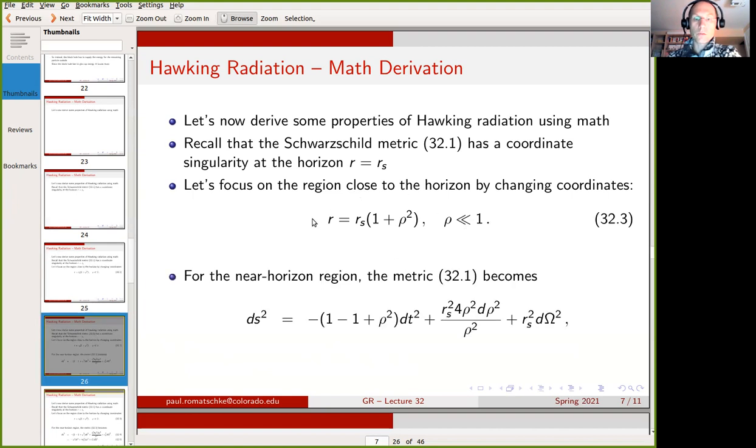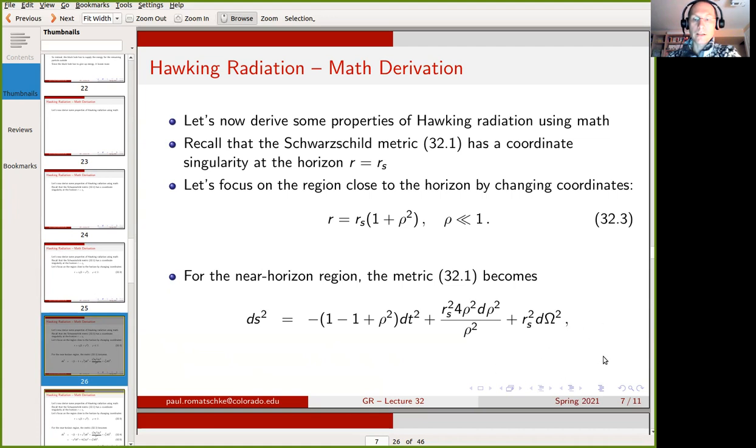If we do this variable change and plug it into the Schwarzschild metric 32.1, we find the following form. r has vanished and has been replaced by rho at all instances. Particularly, the Schwarzschild factor becomes 1 minus 1 plus rho squared. The dr squared becomes this term here, where it's now r_s squared, 4 rho squared, d rho squared over rho squared.